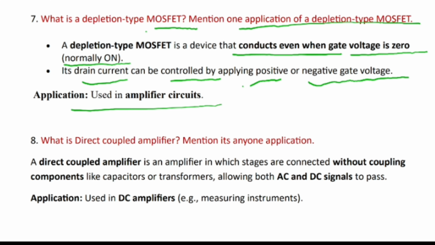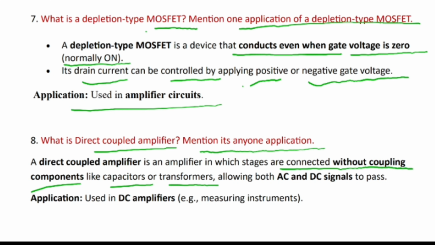Okay, next question, what is a direct coupled amplifier? Mention any one application. A direct coupled amplifier is a type of amplifier where the stages are connected without coupling components like capacitors or transformers, which allows both AC and DC signals to pass.